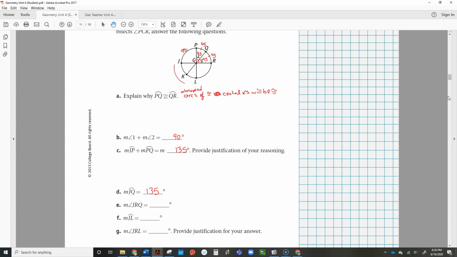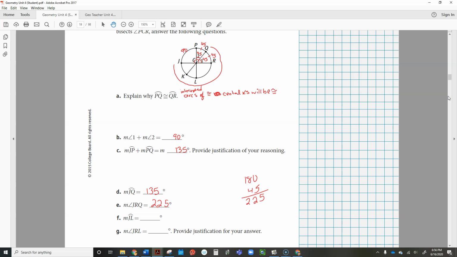So I'm going to go from J all the way around to Q. So this piece right here is 180 plus 45 more, which will give me 225 degrees.